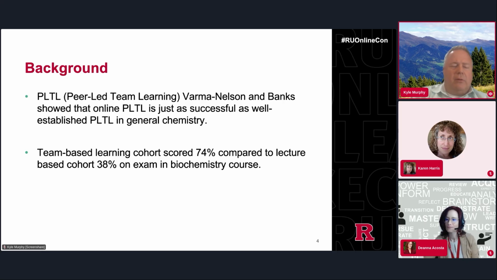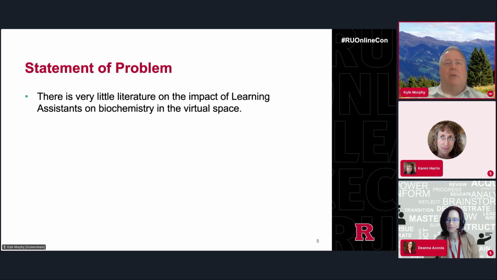That made me start thinking, hey, there's some really valid data out there that is making me think this LA implementation would be really good for increased performance within my course. You can see their statistics: in their team-based learning cohort scored 74% compared to 38% on these biochem exams. That was astounding performance.